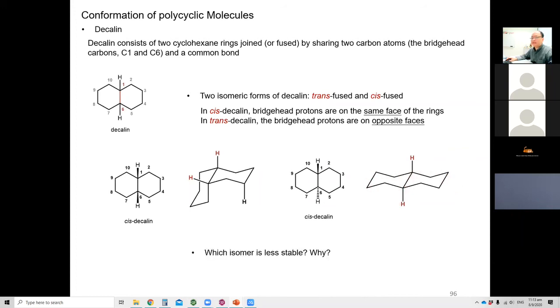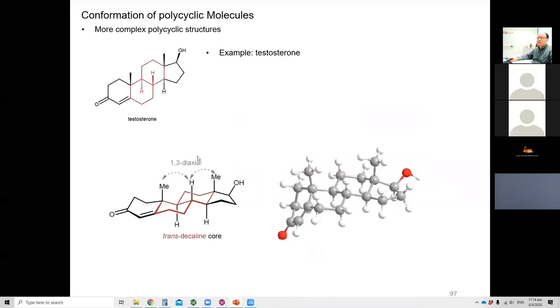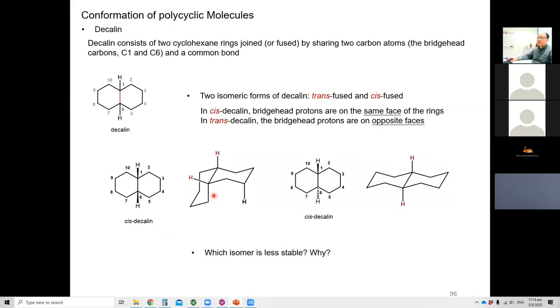So guess which isomer is less stable? Okay, so actually the less stable decalin isomer is this one because this carbon is in the axial position, right? So if it's in the axial position, you need to find if there is a 1,3 diaxial interaction.